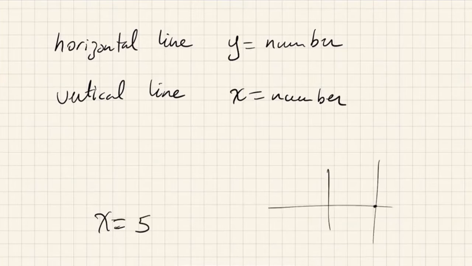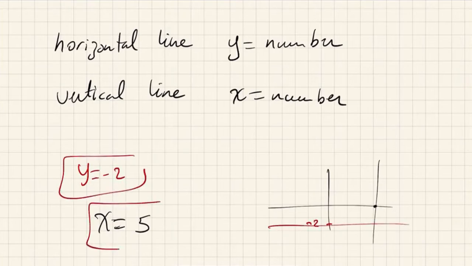If you want to draw the line y equals negative 2, you have to go to the y-axis at negative 2 and draw a horizontal line. So y equals number, horizontal line; x equals number, vertical line. Is it clear, guys?